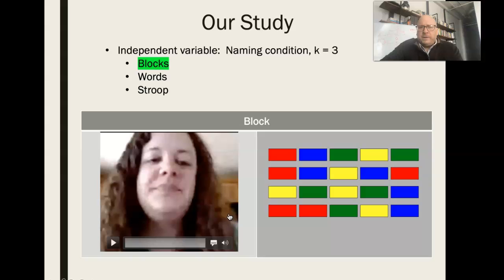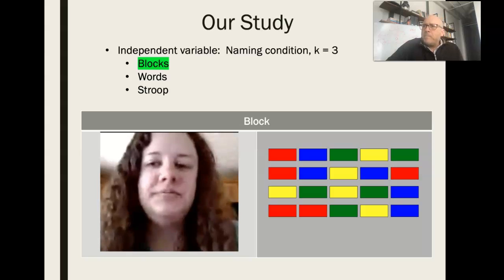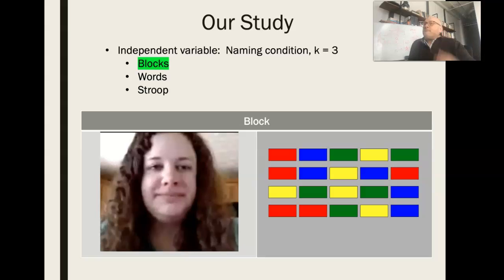So this is Maddie Hoffitz. She's at home, and I'm going to tell her to go. When I say go, I'm going to hit a button, and that'll pop up on her screen. As soon as that pops up on her screen, she's going to start naming the colors in this pattern as if she were reading. And I will start a timer as soon as it pops up on her screen. There's just a little delay. You ready? Get set. Ready.